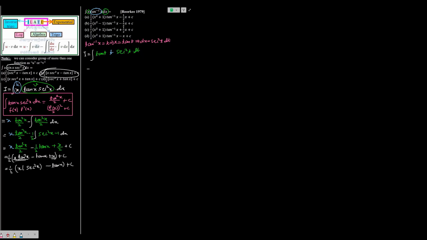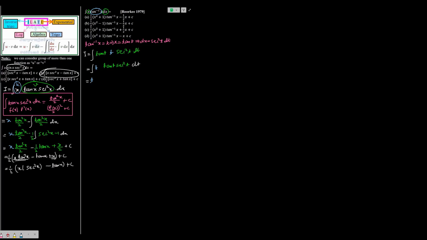So here t will be as it is, tan t into sec square t dt, which is same as this one. Follow the same steps.